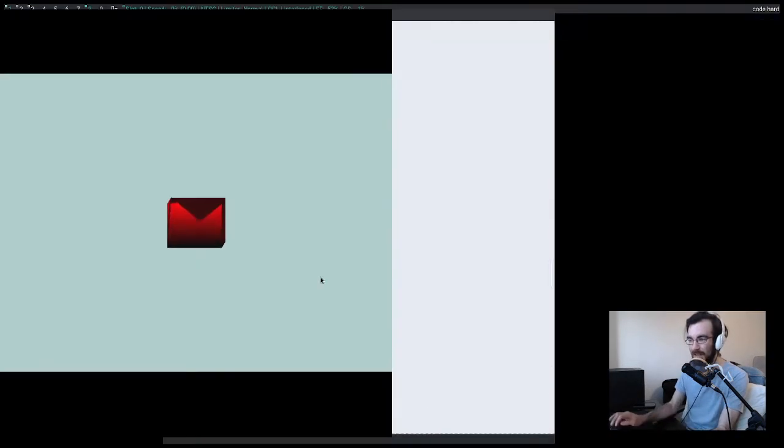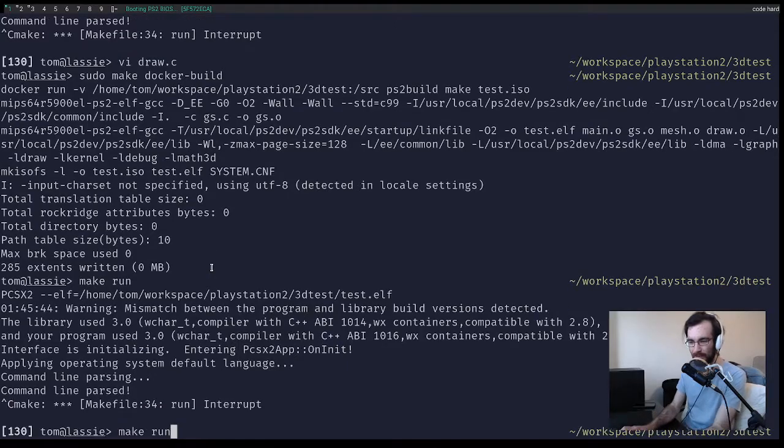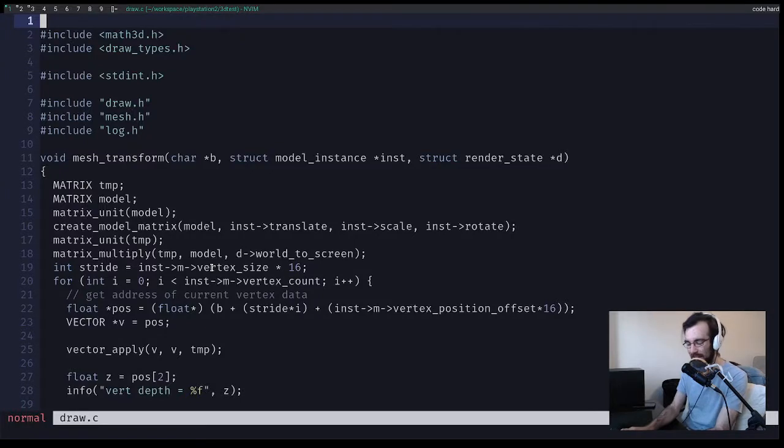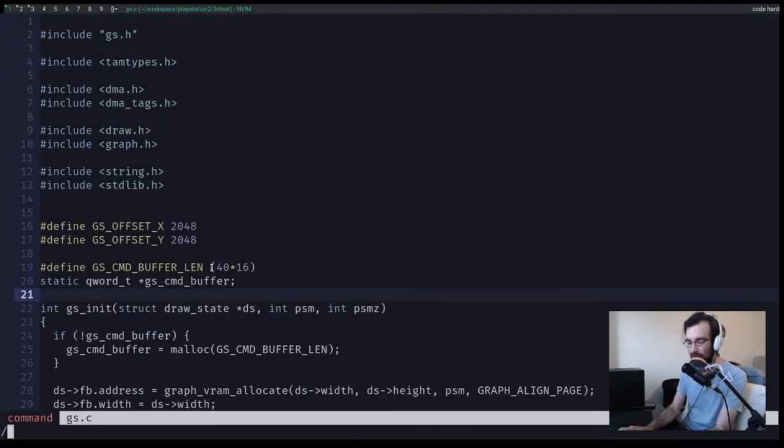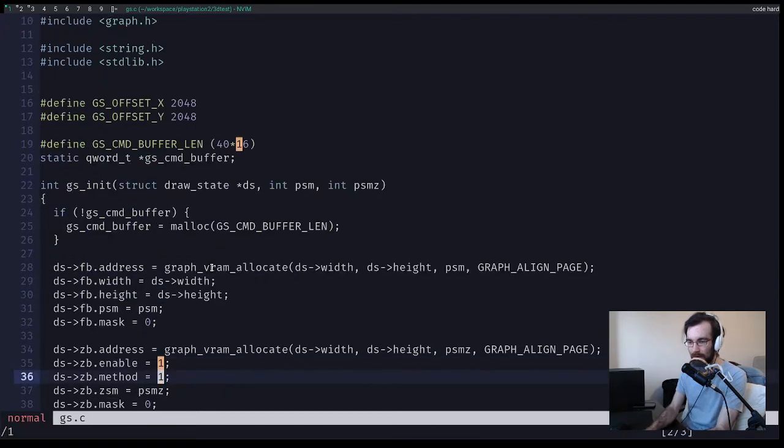Is everything passing? Probably. No, because when I have this set, we get more fighting and we get this kind of jitter, which is different to if I have it set to, where are we, 1, Z-test method greater.